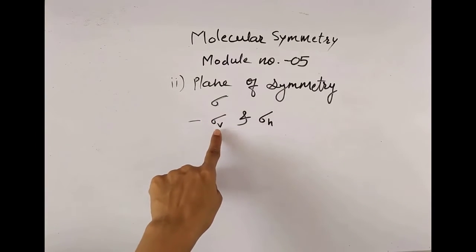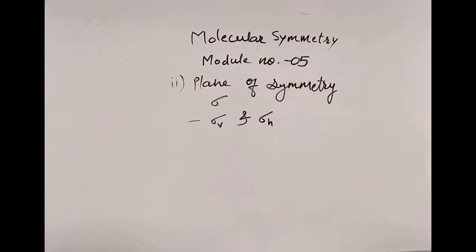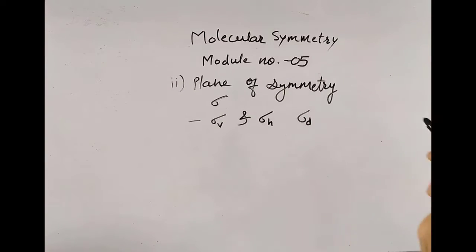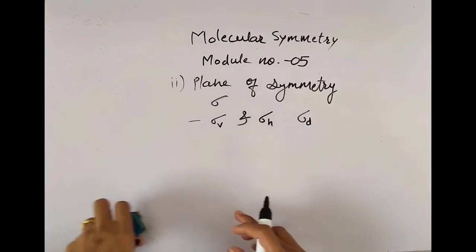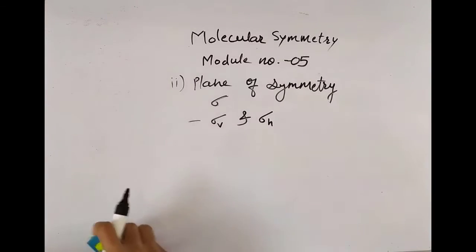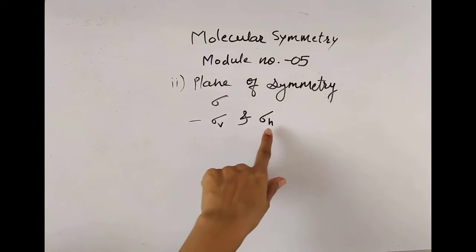The first one is the vertical mirror plane, the second is the horizontal mirror plane, and the third one is the dihedral mirror plane, shown by sigma with suffix small d. Right now we have started with the first two mirror planes, that is sigma v and sigma h.